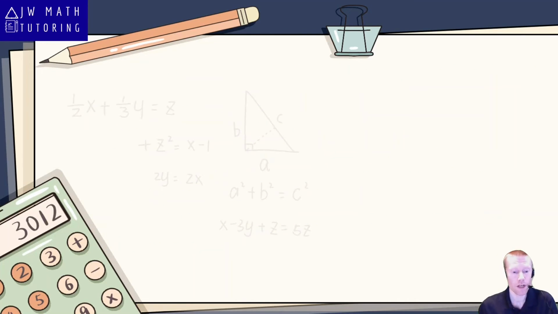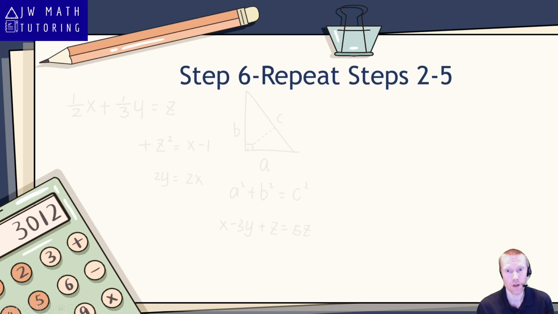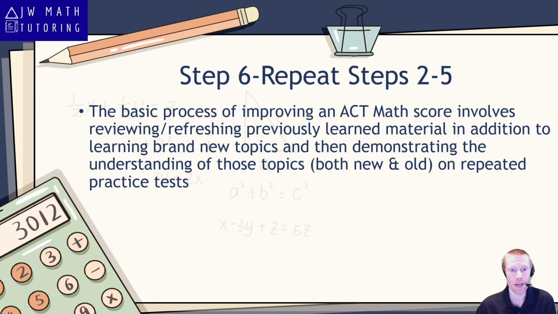So now that you've gone through all the previous steps that I've listed, basically all you're going to do at this point, to continue to practice improving your ACT math score, is essentially repeat those steps. So after you take the most recent practice test, you're going to analyze that, classifying the different types of errors.